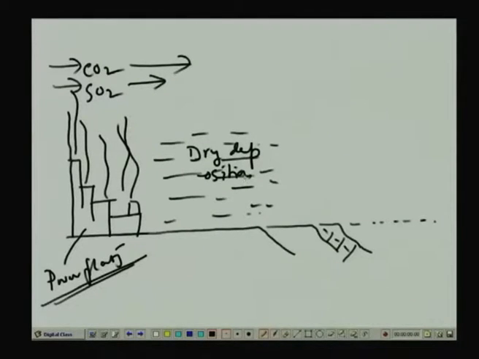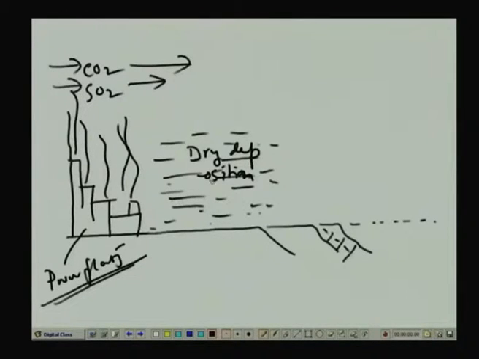The dry deposition is whenever there is no water vapor, it is not coming in contact with water. This dry deposition would take place near the surface of the earth where there is already a heat source. So here you can see a heat source. So this particular area would generally be heated.